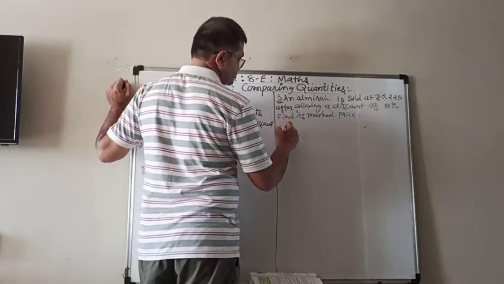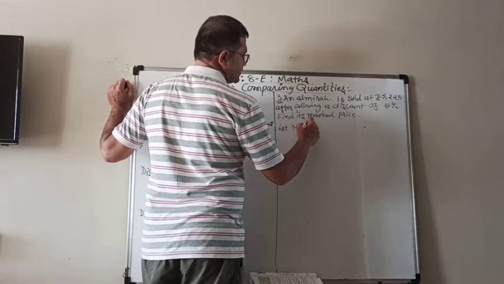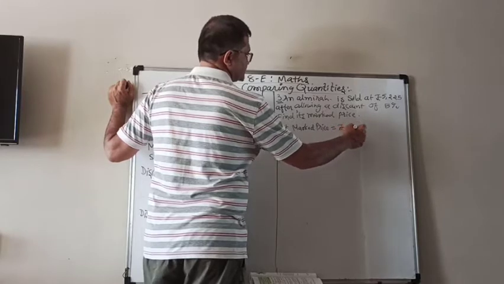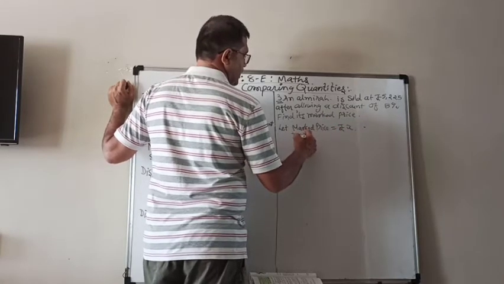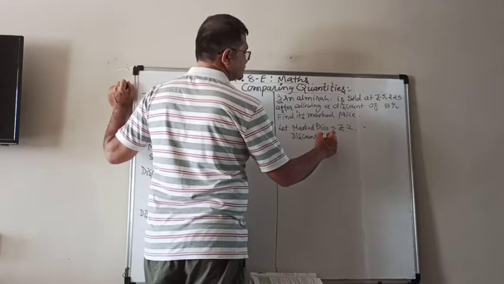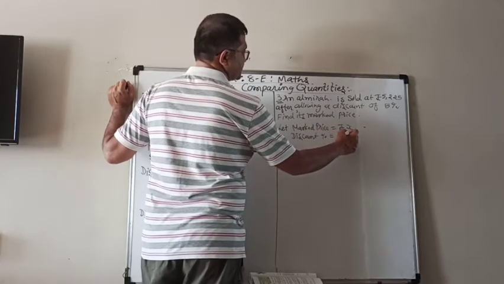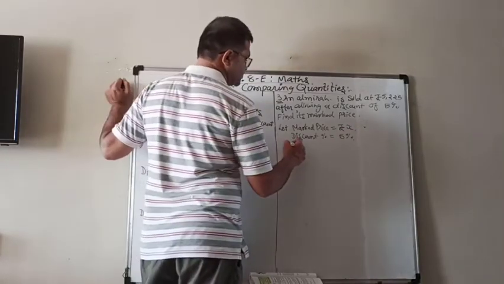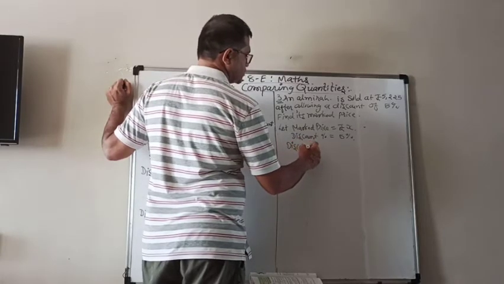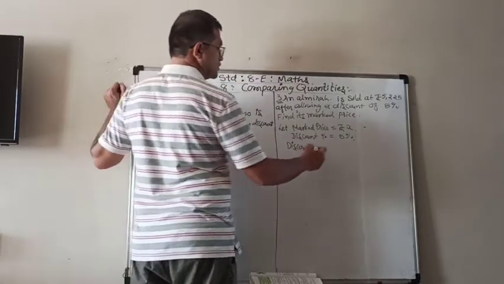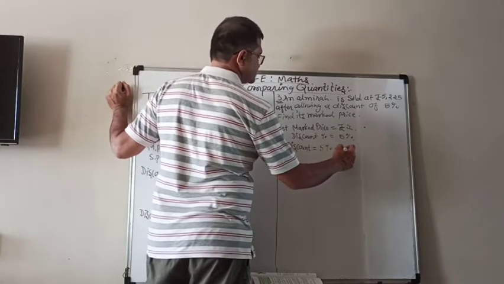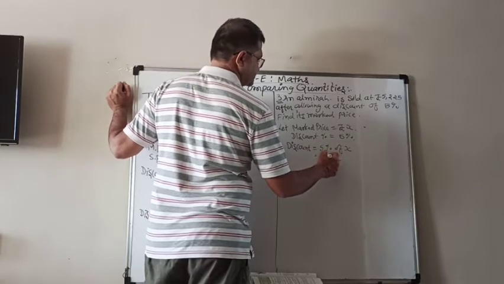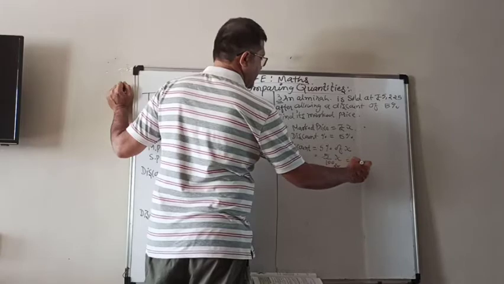So let the marked price be rupees X and the discount percent is given, 5%. So now discount is equal to 5% of X, that is 5 upon 100 into X, that is X upon 20.